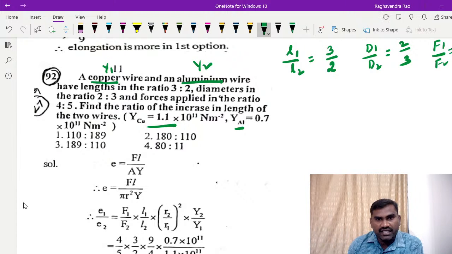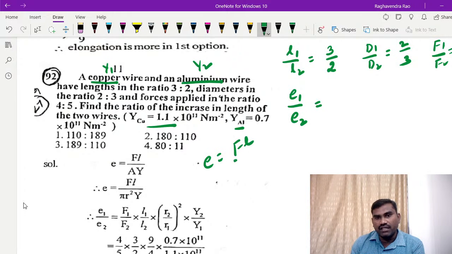The ratio of increase in length of the two wires, the elongation. So elongation E1 by E2 is equal to FL by A into Y. Diameter is given, so in the place of A we can write pi R square, into Y. So Y is also different.